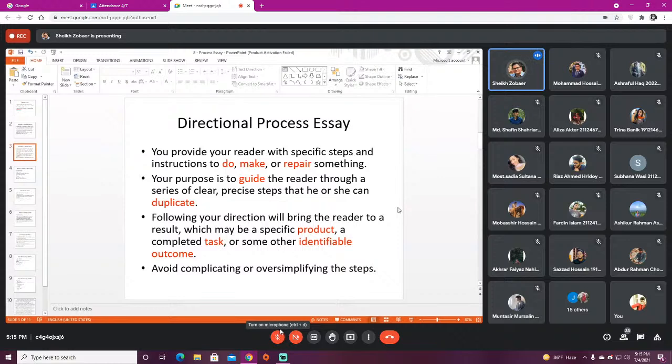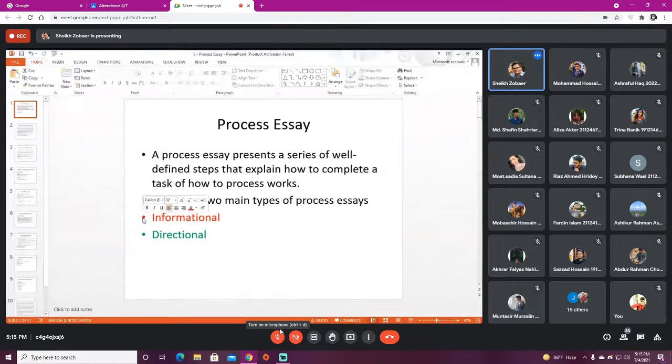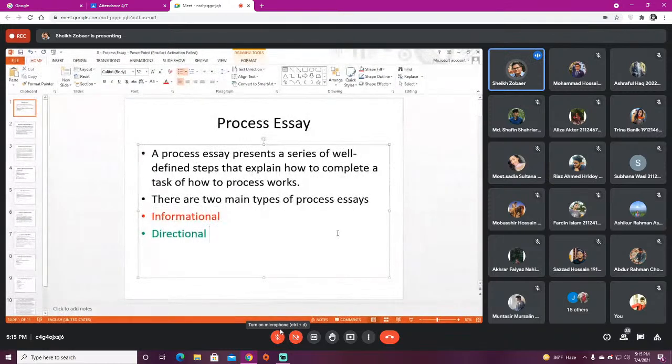This is possible to do. So this is the main difference between directional and informational process essays. And this is exactly the reason why, for you guys in English 103, informational process essay is not relevant.